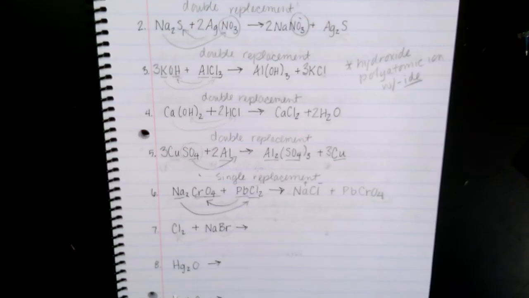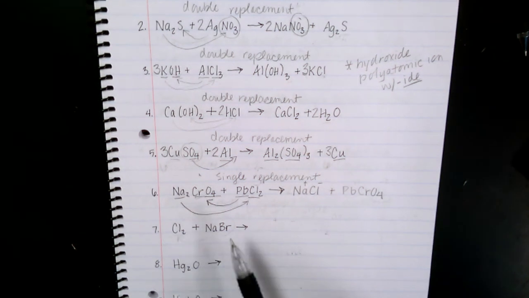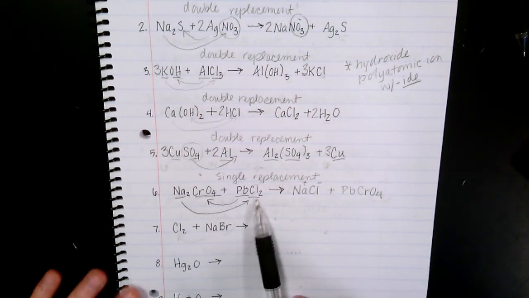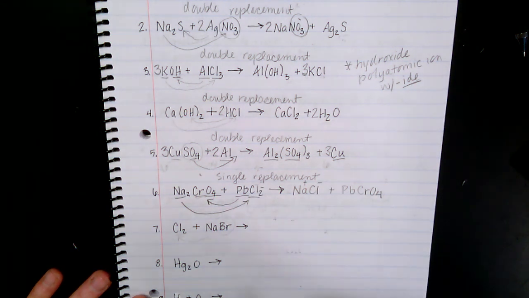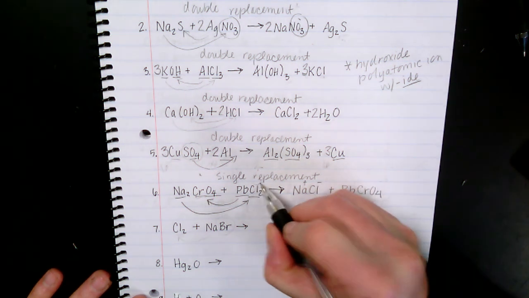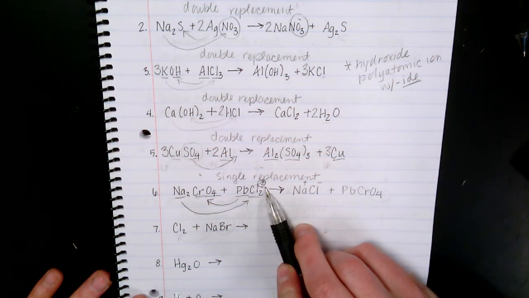Lead is one of those that we don't know what the charge is. So we're going to have to figure it out based off of how it bonded with chlorine over here. We do know that chlorine's charge is -1. So there's 2 of those. So overall, this had to be a -2 charge altogether because we had 2 -1 particles.